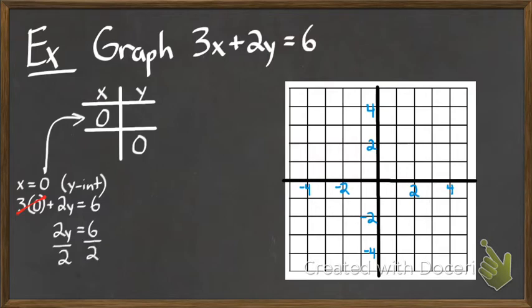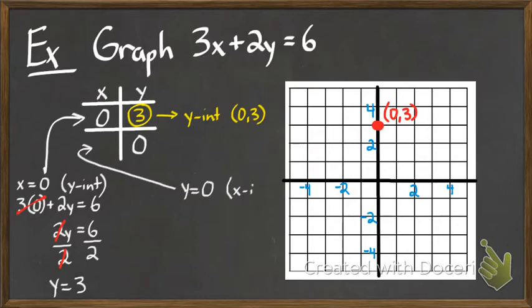Now, on the left side, our two 2's divide each other out, so they essentially disappear, so we're left with y, and 6 divided by 2 gives us 3, so we're left with y equals 3. So when x equals 0, we get y equals 3, so that is where our y-intercept occurs. It's going to be at 3 along our y-axis.